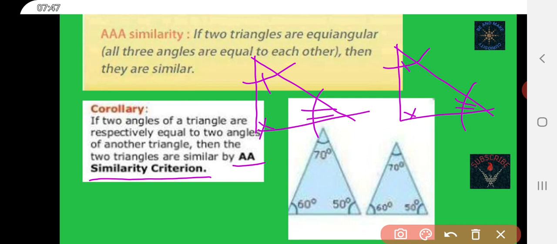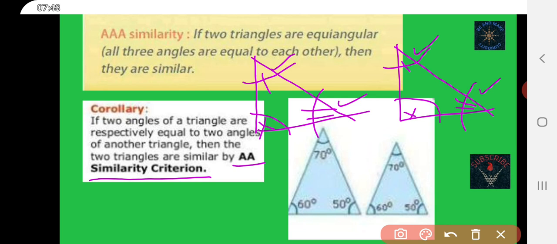Why? You know the angle sum property, that the sum of angles of a triangle is 180 degrees. If this angle is equal to this angle, and this angle is equal to this angle, then obviously you get this angle equal to this angle also. So you also can say AAA similarity is AA similarity criterion.